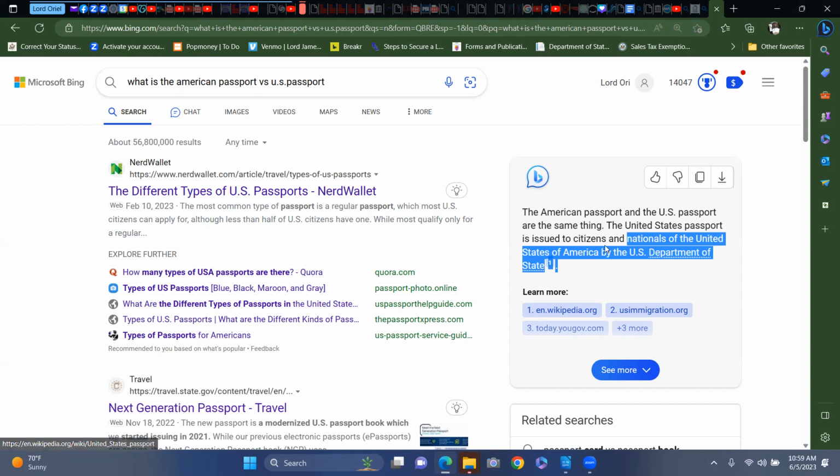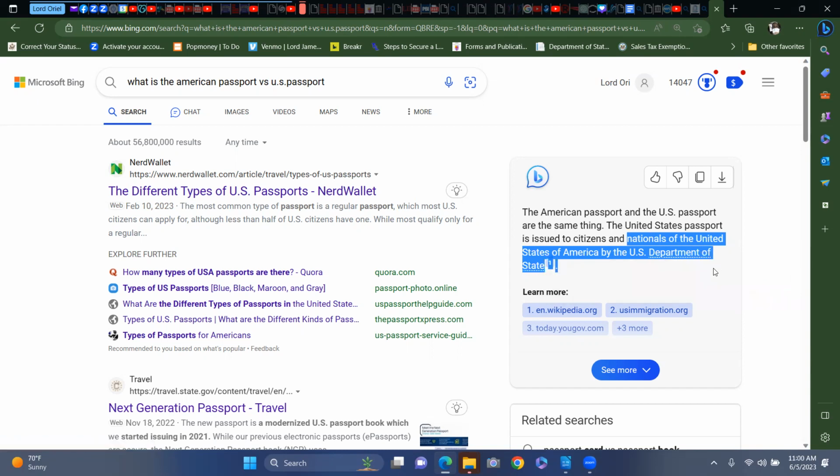Nationals of the United States of America. This encompasses us natives born here and the territories or some of the territories. Okay? Don't let them try to fool you. Oh, only one island out in the Pacific Ocean has all these nationals. You think they would have a whole status for like 1,000 people?